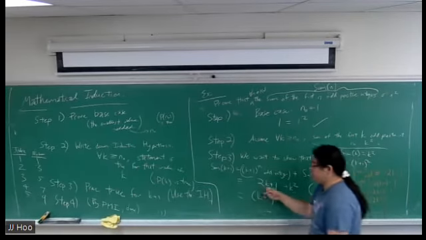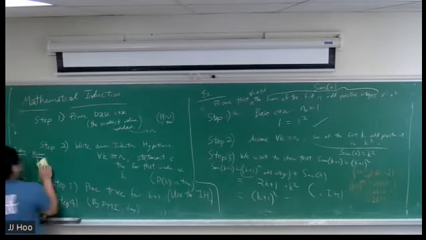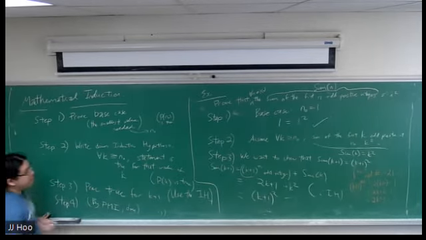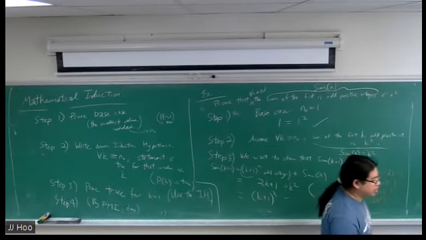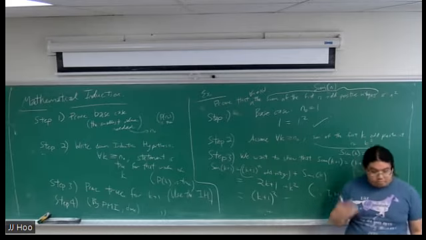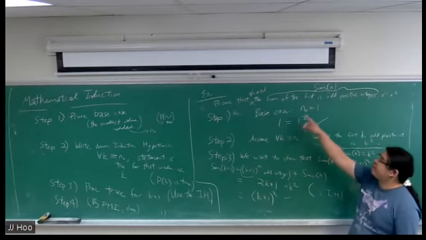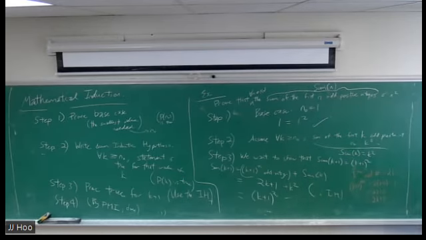So that's how I got this, in case you were not following what I was saying earlier, especially because I was writing off screen. Okay? But now that we've proved this, we've proven the inductive step. So now all we have to say from here on forward is, by the principle of mathematical induction, we're done, right? We've proven that for every n, the sum of the first n odd numbers is n squared.